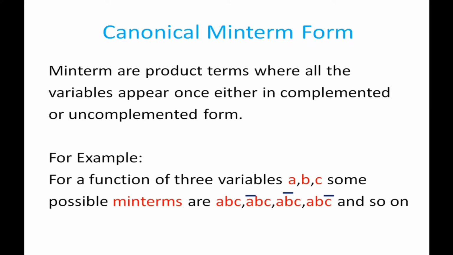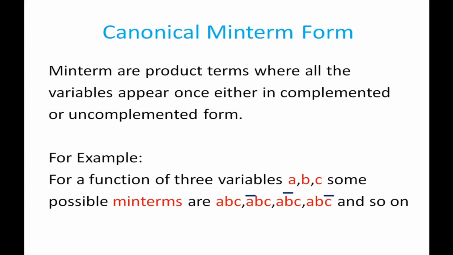Min terms are the product terms where all the variables that appear in the expression are either in complemented or in uncomplemented form. For example, consider a Boolean function of three variables, let us say a, b and c.